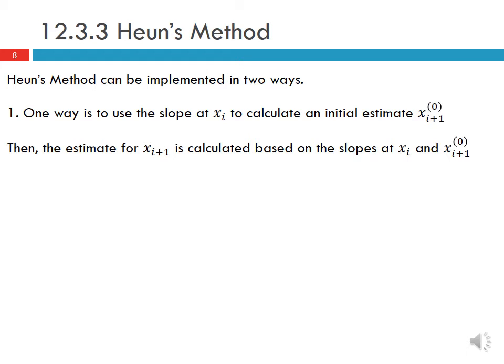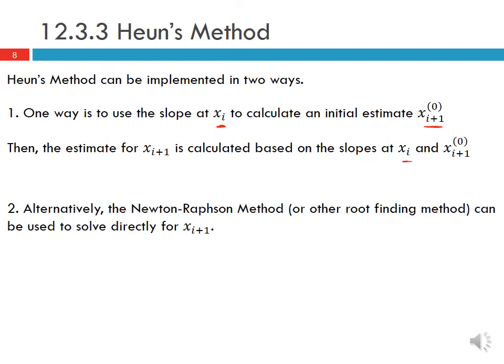Then we can find the estimate for x_{i+1} based on the slopes at x_i and x_{i+1}^0. So we calculate this intermediate value and then use that along with x_i to calculate our x_{i+1}. The reason we need to do that is because we only know x_i, so we need some estimate of x_{i+1} to find this intermediate value.